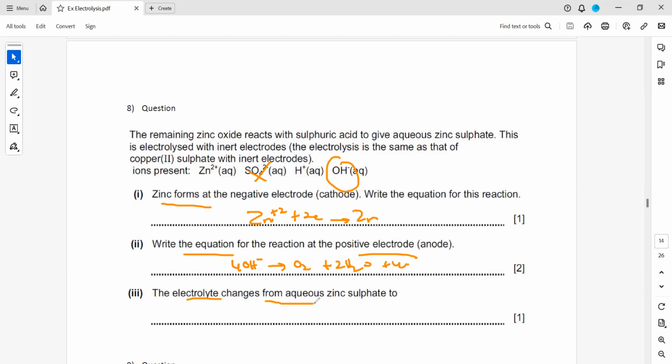The electrolyte changes from aqueous zinc sulfate to something else, because zinc is removed and hydroxide is removed. So what are we left with? We are left with hydrogen and sulfate. So it will turn into sulfuric acid, which is hydrogen sulfate. So it changes from zinc sulfate to hydrogen sulfate.